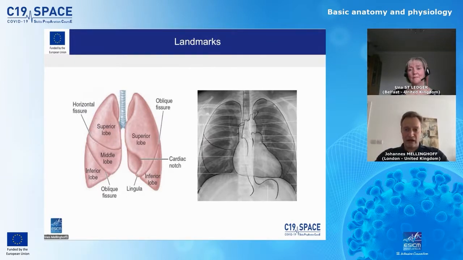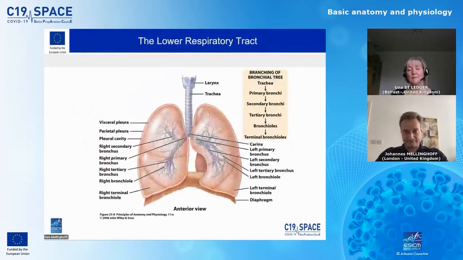In the middle, you see the heart with the aorta coming out of it, and the 2 lungs on the left and the right. In the middle, you find the trachea. So as air crosses through the upper respiratory tract into the lower respiratory tract, passing through your trachea, it comes to the primary bronchi, then the secondary bronchi, the tertiary bronchi, and the bronchioles and terminal bronchioles, as we say.